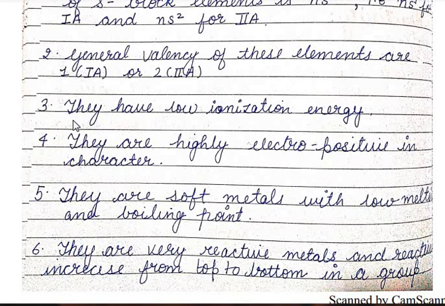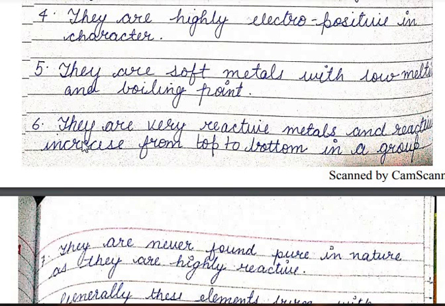Fifth, they are soft metals with low melting and boiling points. Means these are soft metals and having low melting and boiling points. Next, they are very reactive metals and reactivity increases from top to bottom in a group.